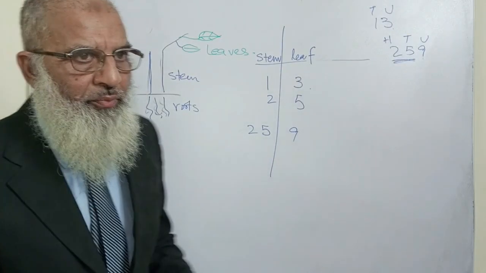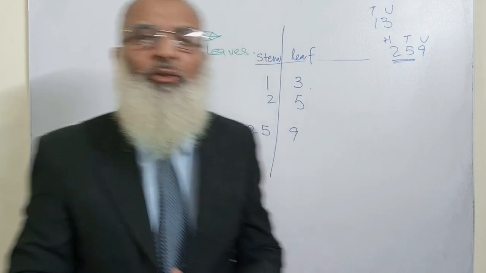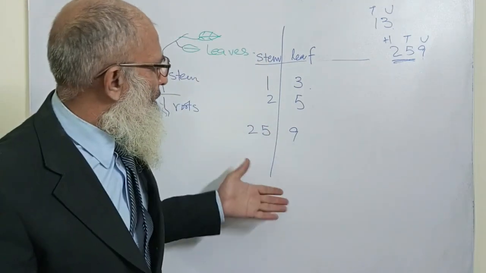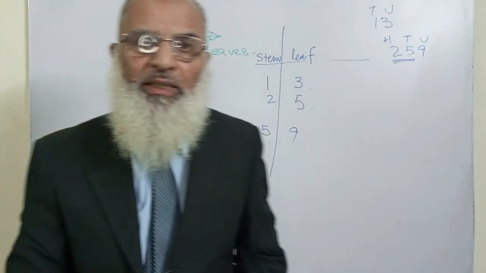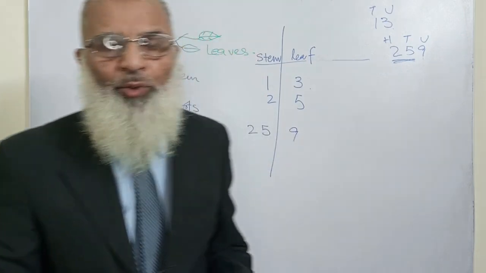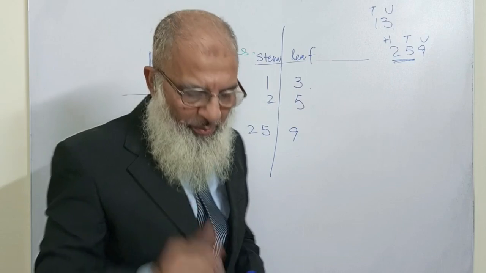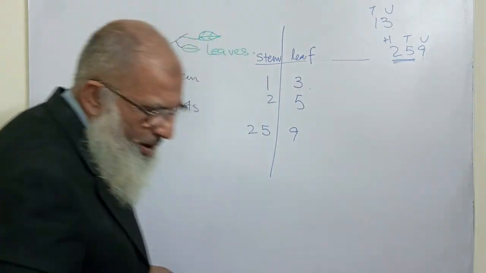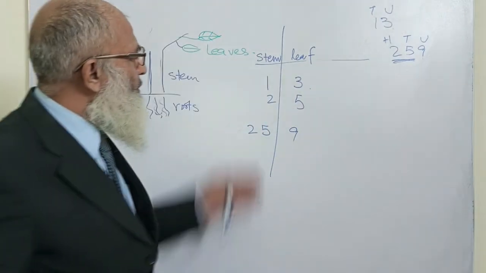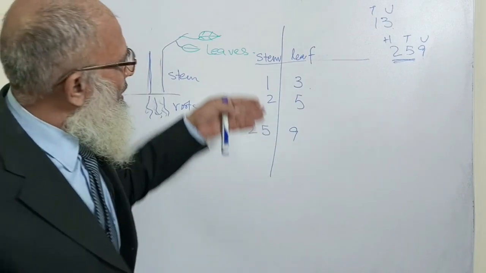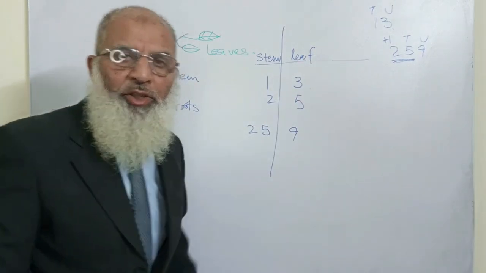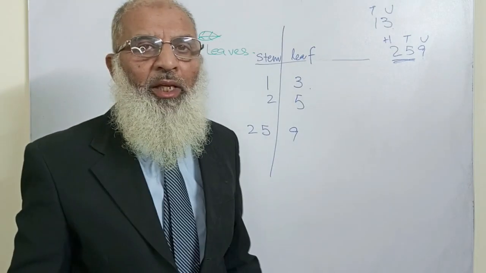Now there are certain rules for this stem and leaf diagram. You can make only 5 steps out of it. For example, there is a data. As I told you, there are certain rules and regulations for this stem and leaf.